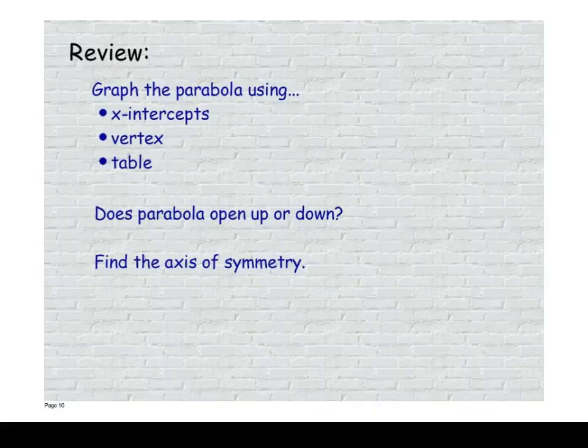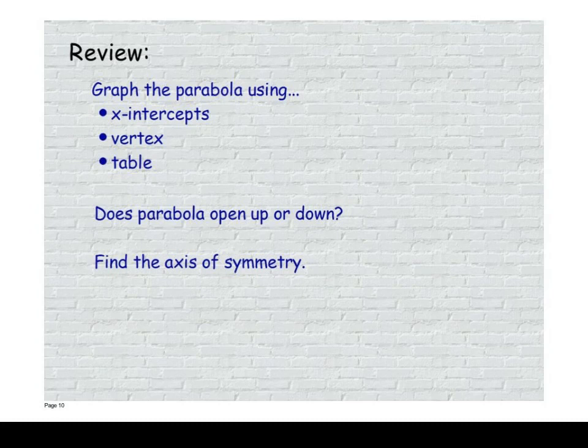So to review, you graph the parabola using x-intercepts. You find those by setting our factor groups equal to 0. You find your vertex by adding these 2 x values from our intercepts and then dividing them by 2.